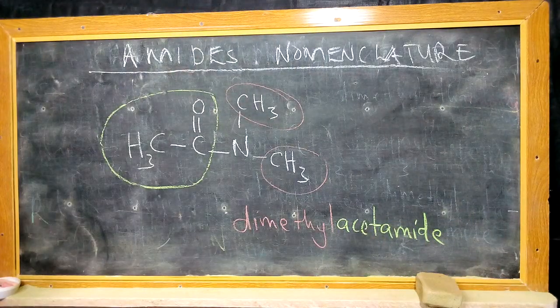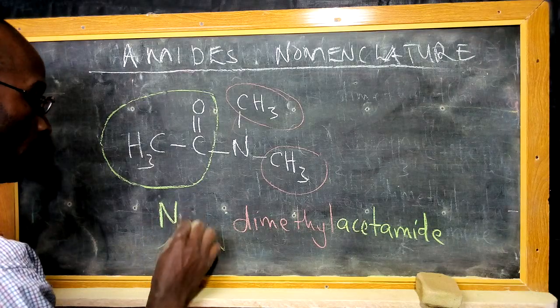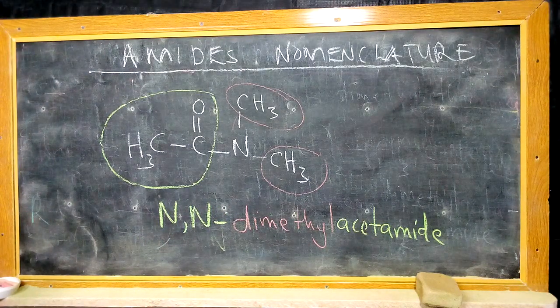And then for the prefix, as we have said, we indicate it with the substitution, which is N,N-dimethyl acetamide. So that is the procedure that we shall use for naming this category of compounds. That is how that particular amide is named.